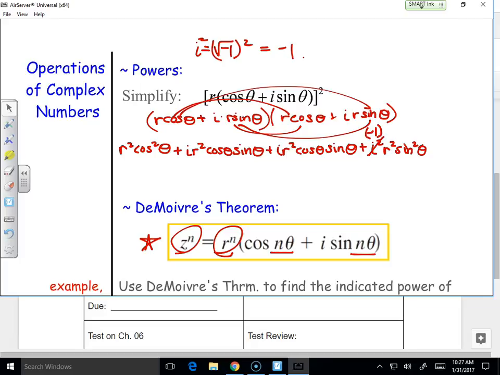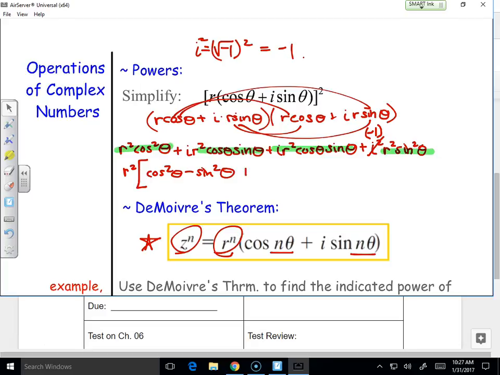Right? Okay, so I'm going to have r. Well, wait, doesn't everybody have an r squared? Yeah. Then let's combine these two, at least write them next to each other. So we're going to have cosine squared minus sine squared. Then let's combine these two because they're the same thing.